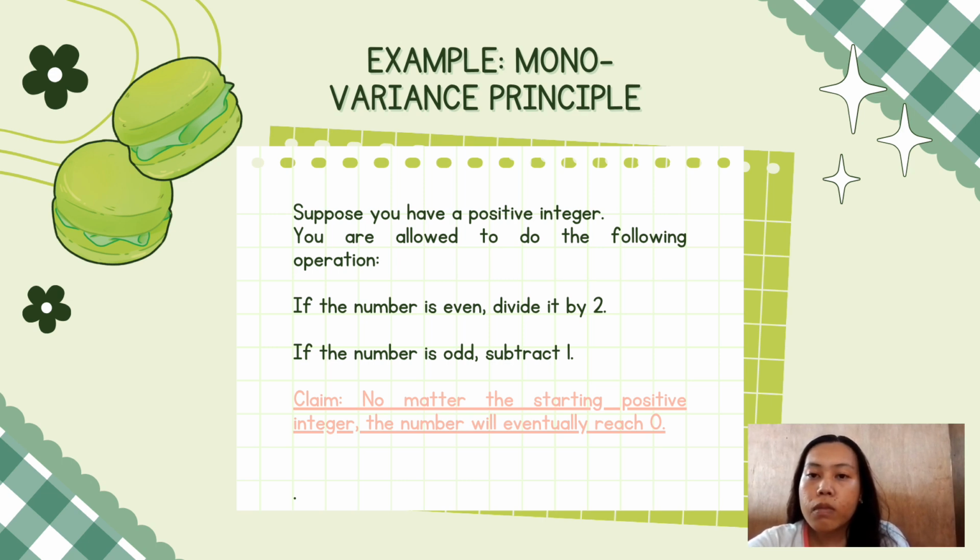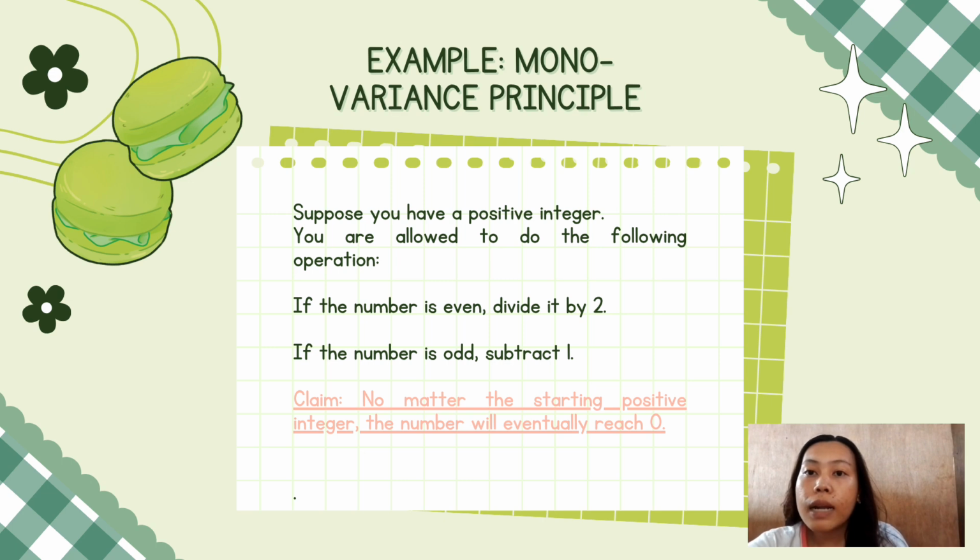Next, if the number is odd, subtract 1. What are the odd numbers again? Those are 1, 3, 5, 7, 9, 11, 13, 15, 17, and 19, and so on and so forth, those numbers that cannot be divisible by 2.